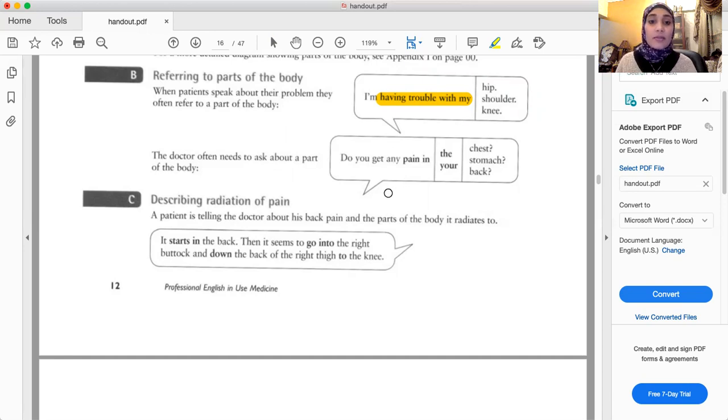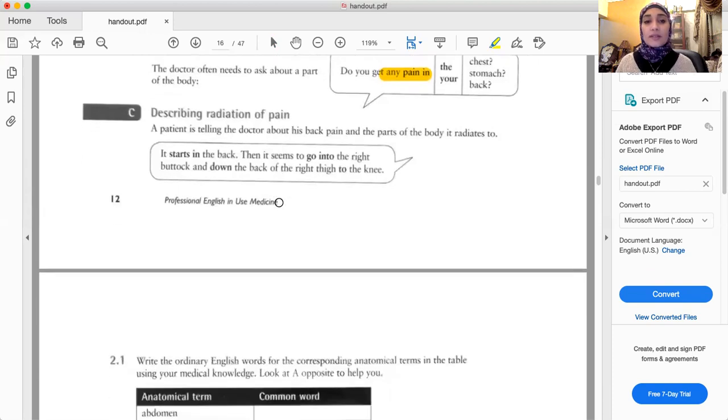When the doctor needs to ask about the body part, they say, do you have pain in? Do you get any pain in? So we have trouble with, and you have pain in. Do you get any pain in the chest, the stomach, the back? Or your chest, your stomach, your back.